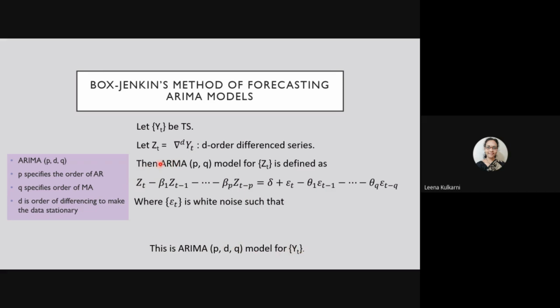Right now the equation visible on the screen is the ARMA p, q model for Zt, where Zt is the d order difference series. Once you substitute for Zt in terms of Yt, it will be the ARIMA p, d, q model for Yt.